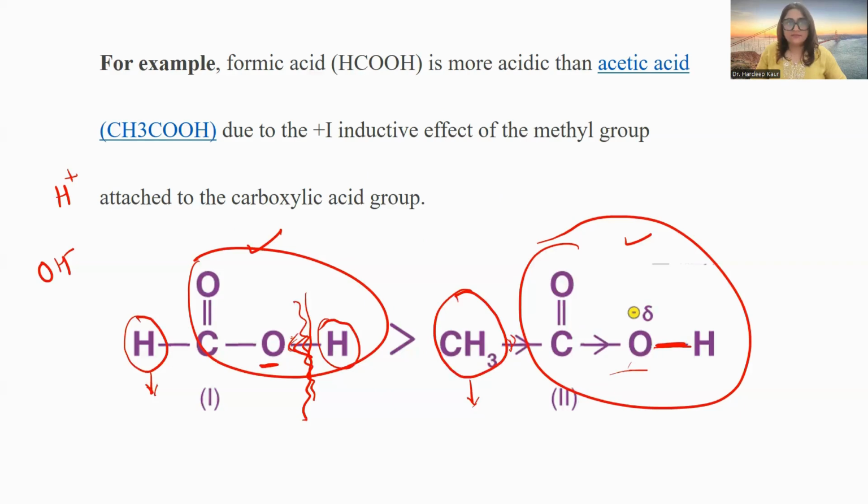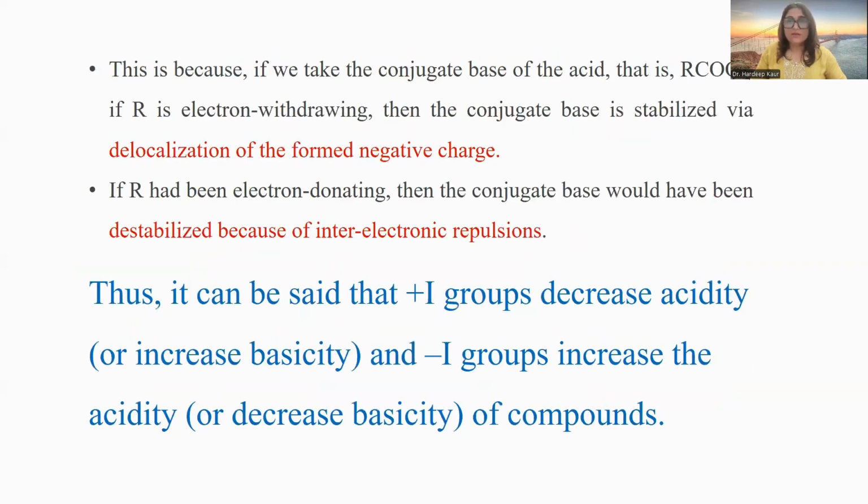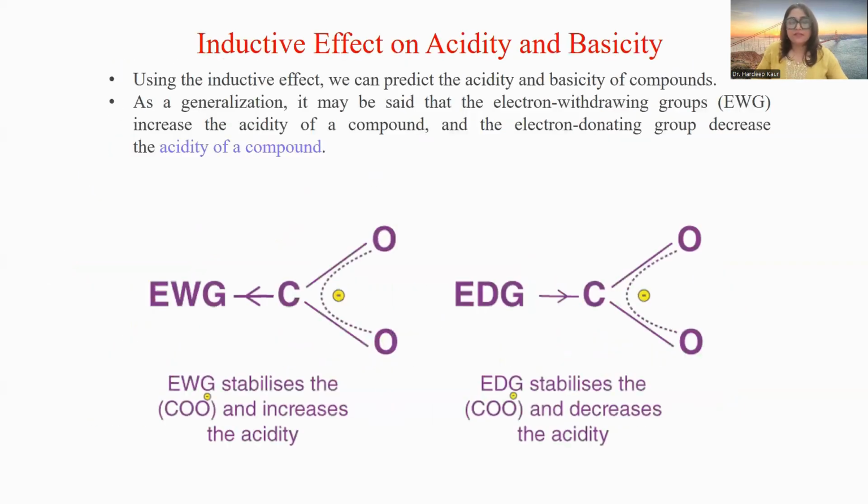So if I say simply, if any electron withdrawing group is attached, it will increase the acidity because it will take up the electrons, that bond gets weaker, and the proton will go easily.